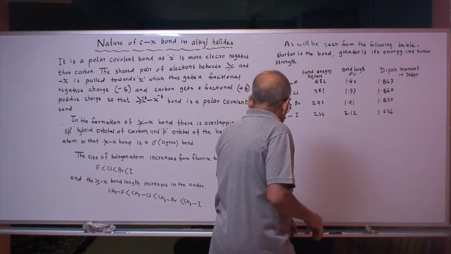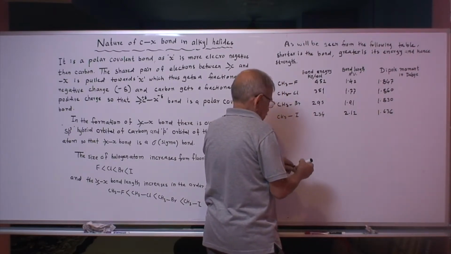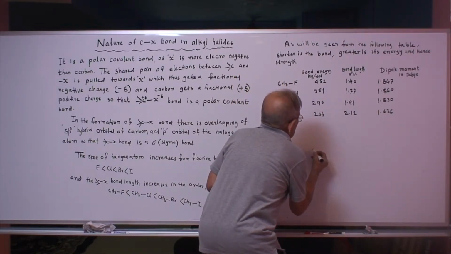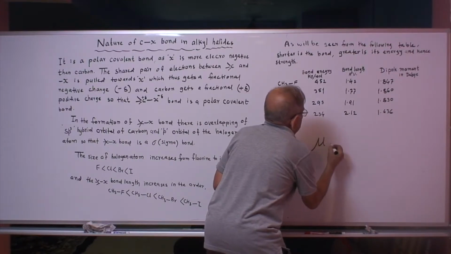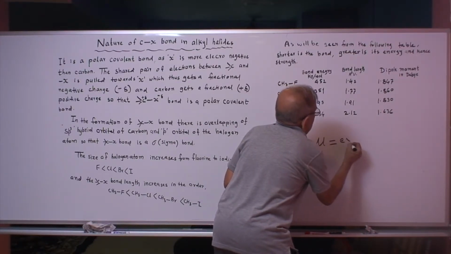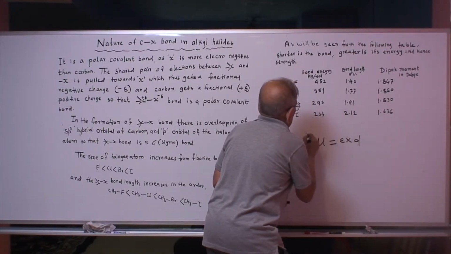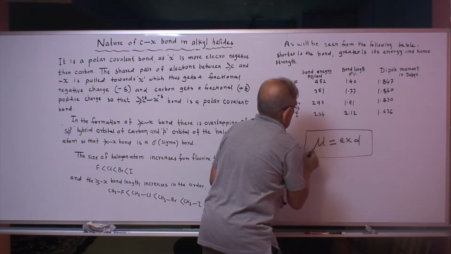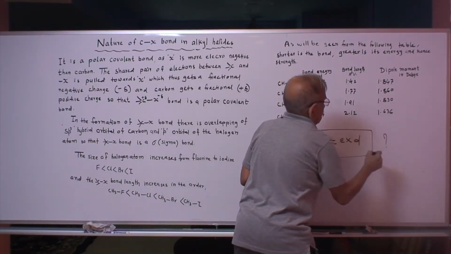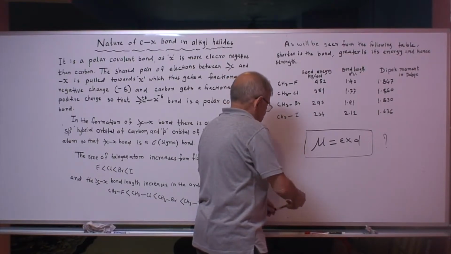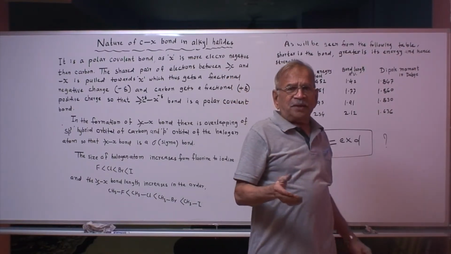Remember that the dipole moment is represented by the letter mu and is a product of e into d. What is the meaning? Just wait, I shall let you know.